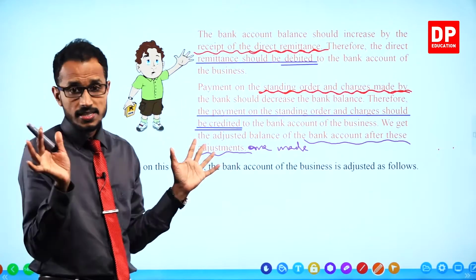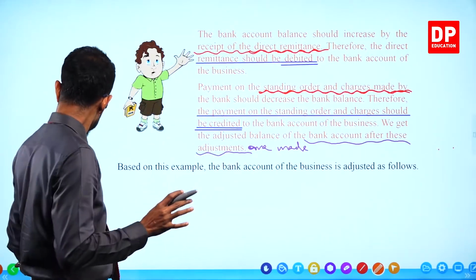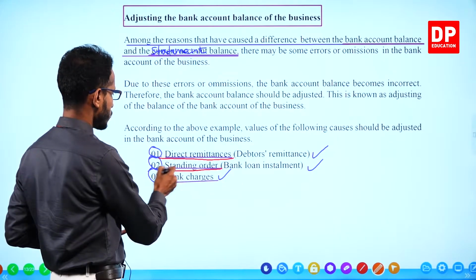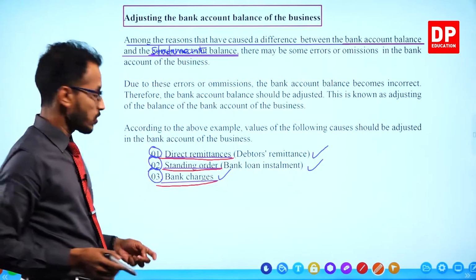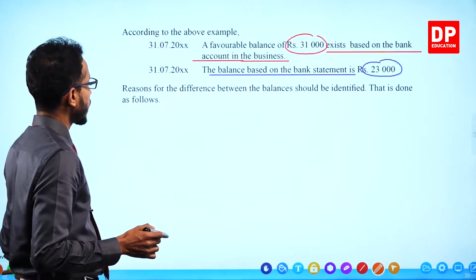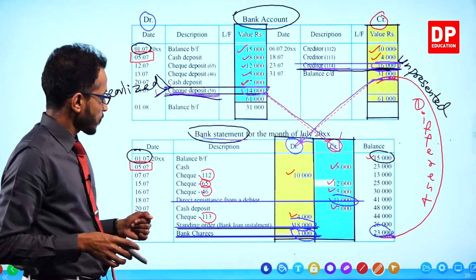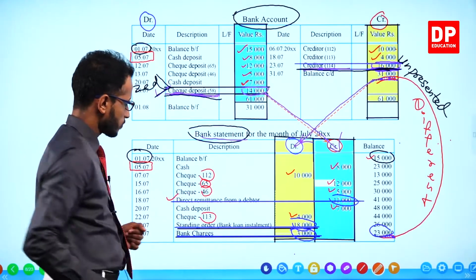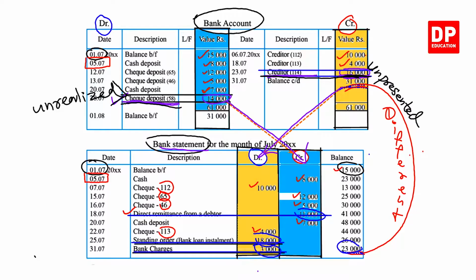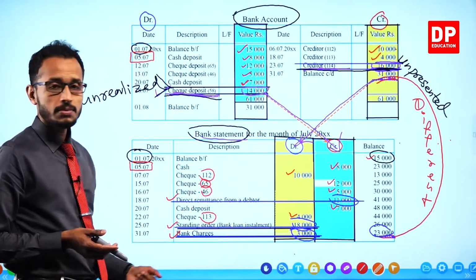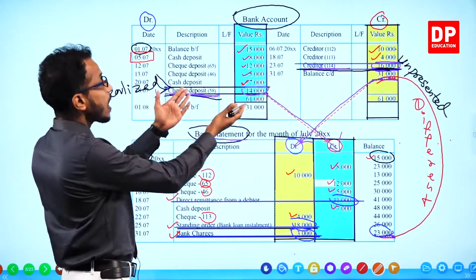If we consider these things, children, and if we go and check in that activity example, these ones are here in the statement. Direct remittances, standing orders and bank charges. See? These are in the bank statement. They should be entered to the bank account.